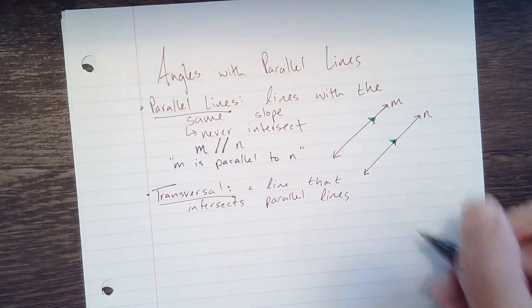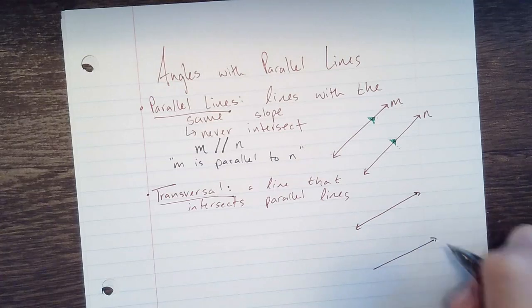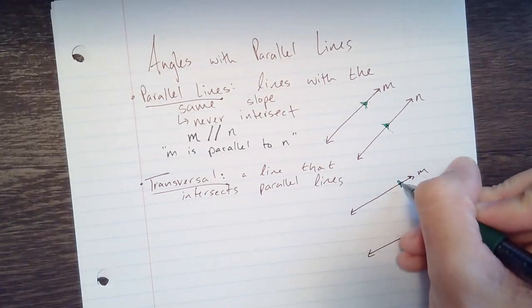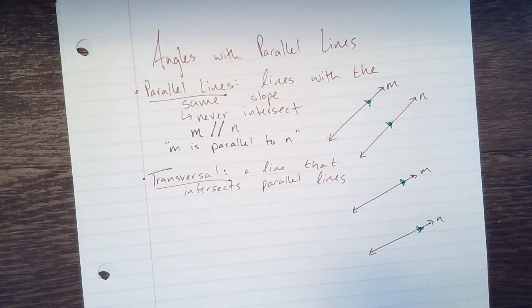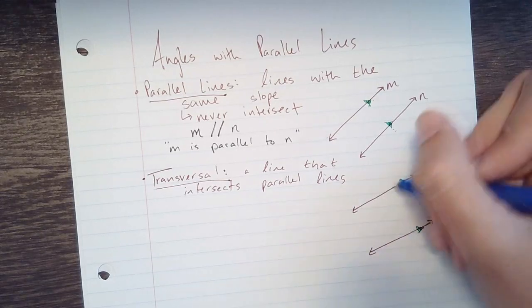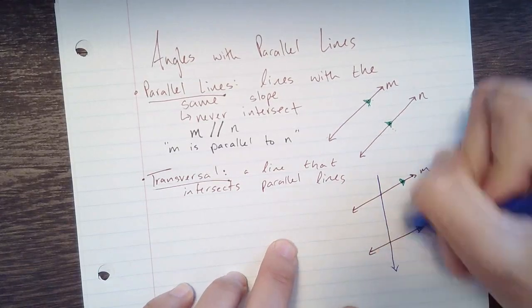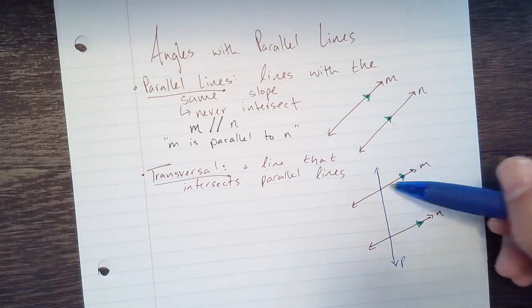So if we have, let's say we still are talking about M and N, and let's say these lines are parallel. And then we have, let's say this line is P. Okay, this line P is going through it.